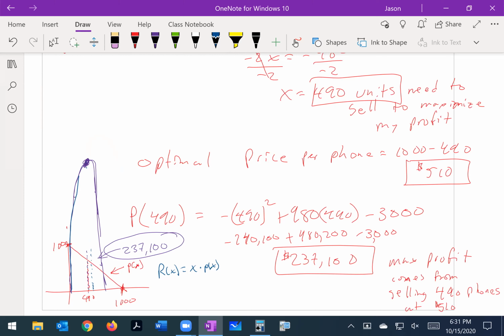Wrong color, give me the right color. And that occurs at 490.